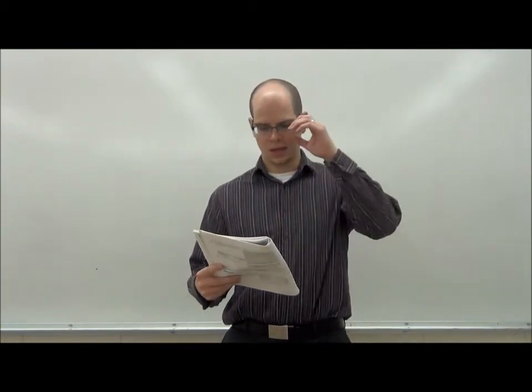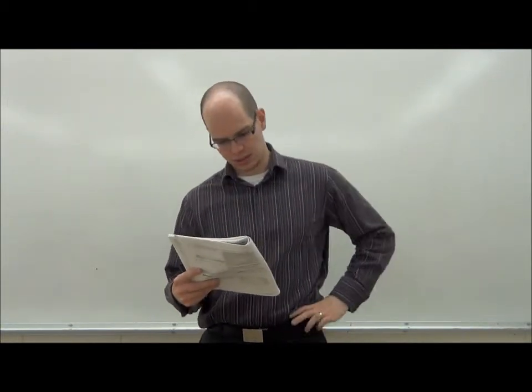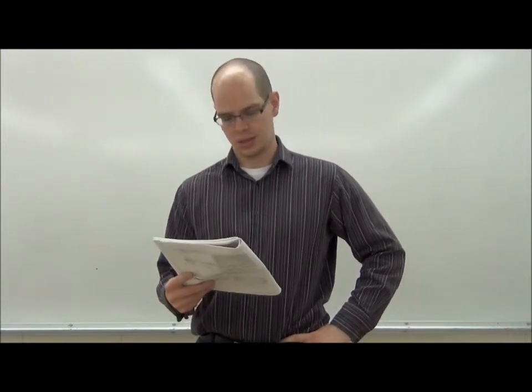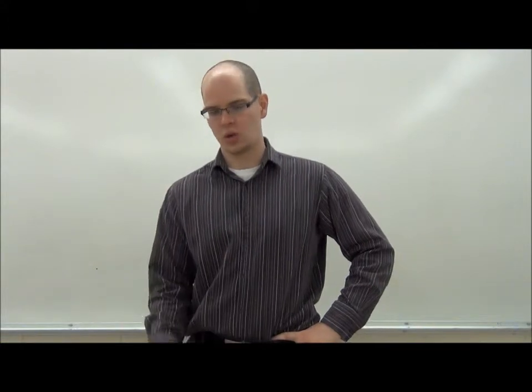For the final question, it says one letter is chosen from all the letters in the word Toronto. What is the probability that this one letter is a T or an O? The giveaway for what type of problem this is the word or. Also, it's one letter being chosen.